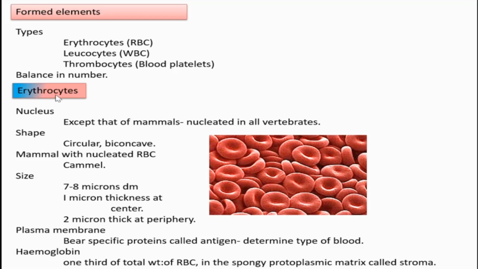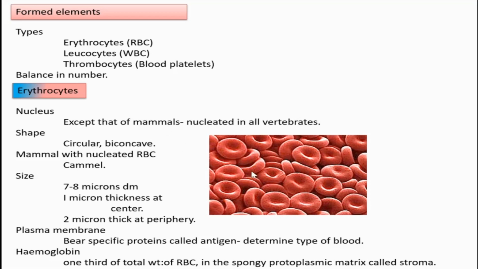First one, erythrocytes, RBC. The first point you have to understand is about the nucleus. Except in mammals, in all vertebrates, RBC is nucleated. Unnucleated RBC is mainly seen in mammals, including human beings.